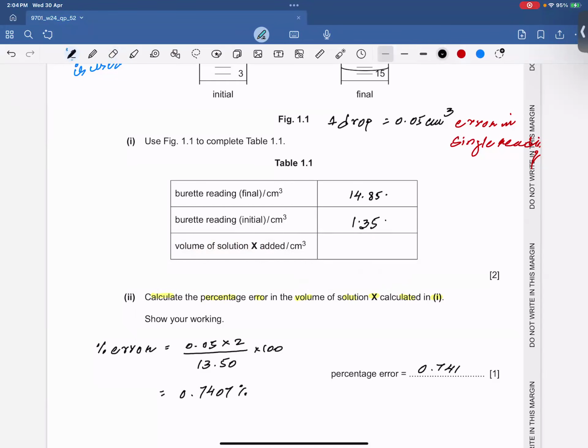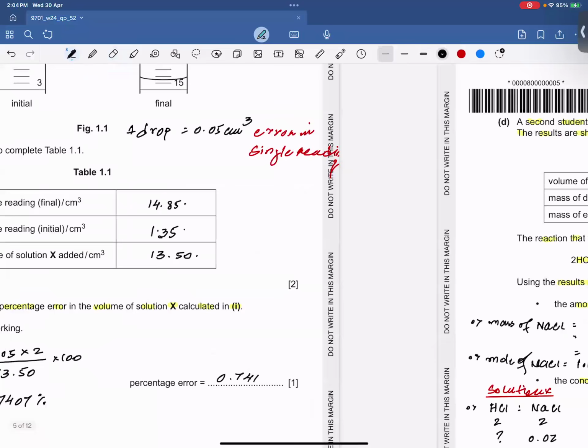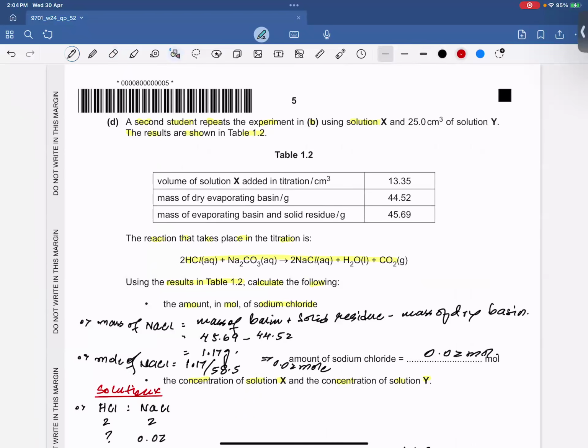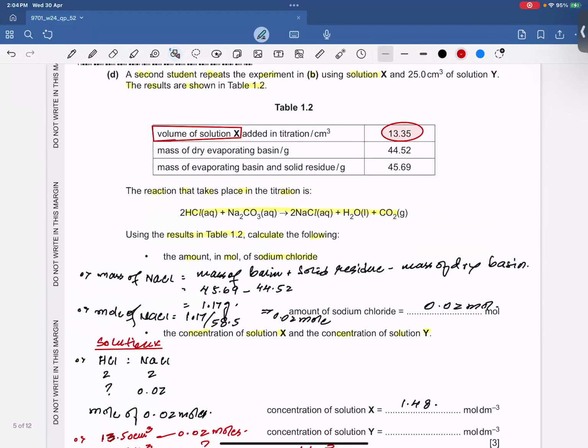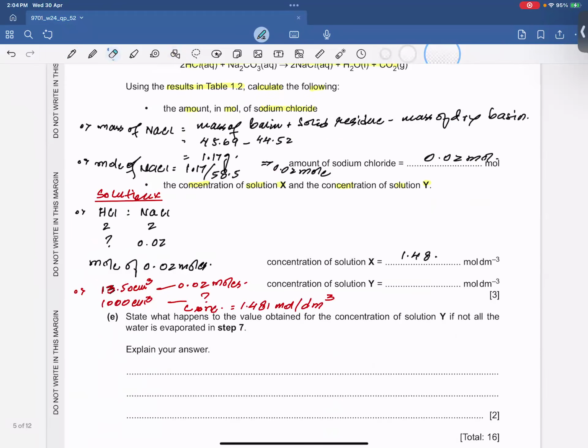I didn't read the question properly. This is 13.50 and that was the volume the examiner has given us, 13.35. My goodness. So guys, you have to be very, very careful. 13.35 cm cube contains 0.02 moles.